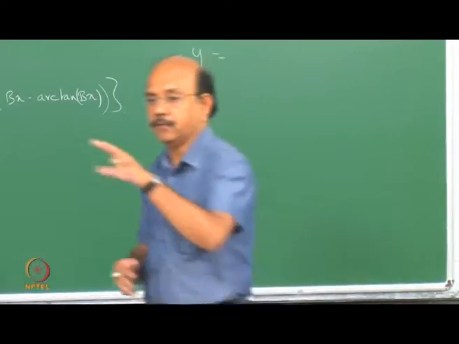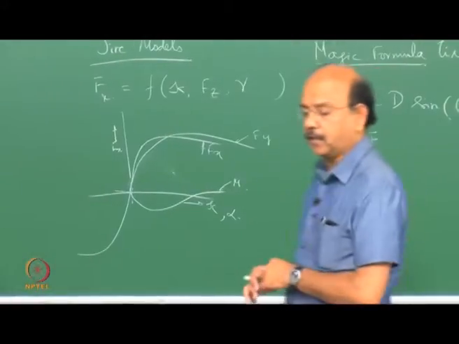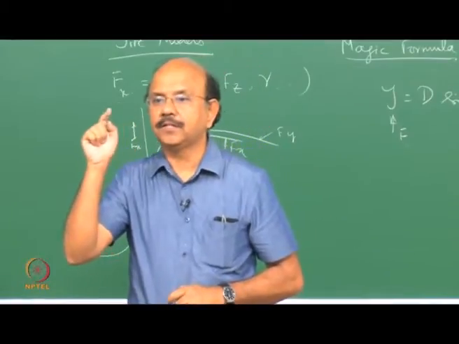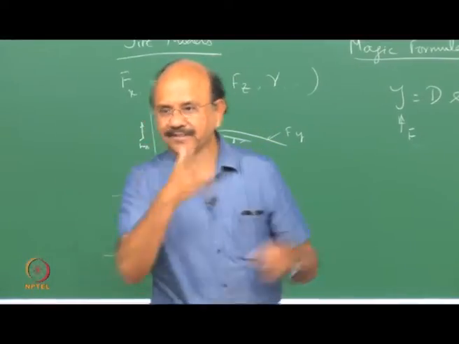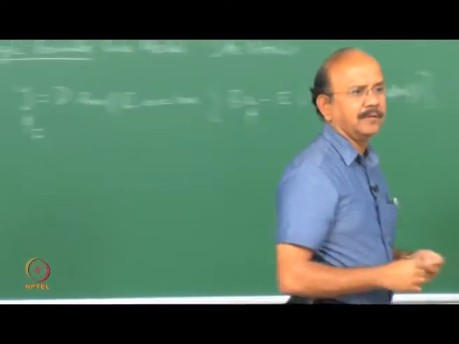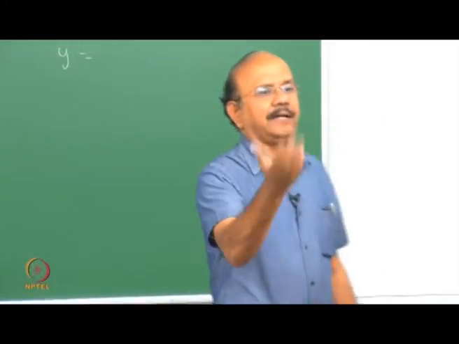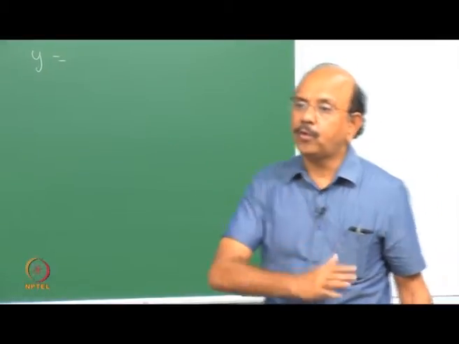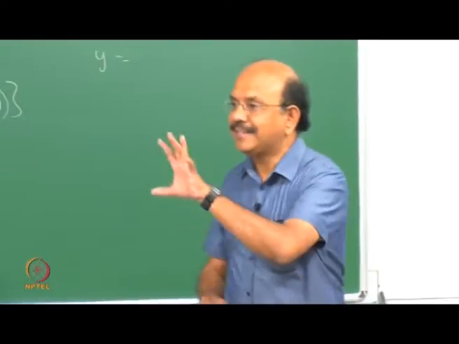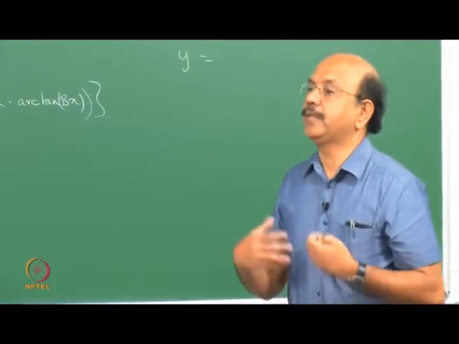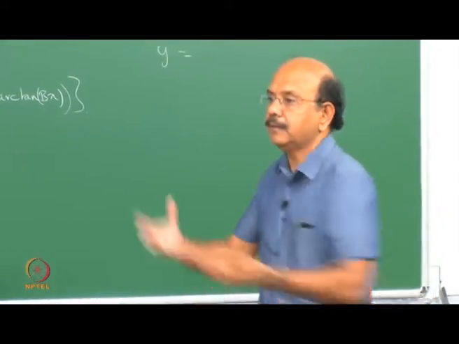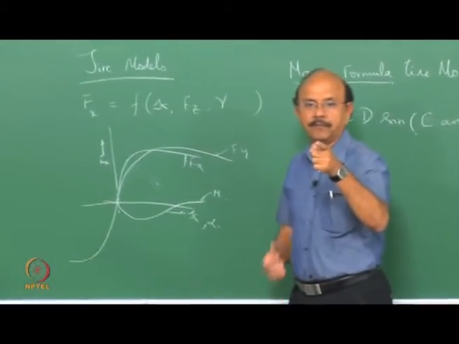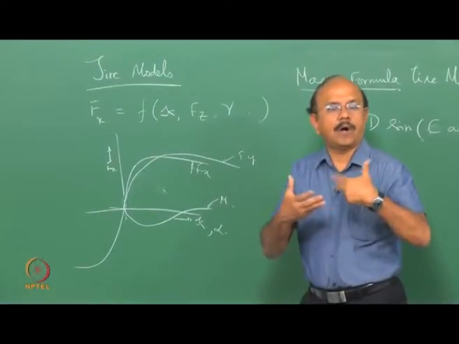Remember, when we talked about longitudinal dynamics, we're going to talk about lateral dynamics a bit later, we were interested in the traction force. Fundamentally, F is equal to ma, we wrote. Now, if I have to go to the next step, then that force F has to be replaced by this curve. Where did that force come from? From the tire. So how did that force develop?